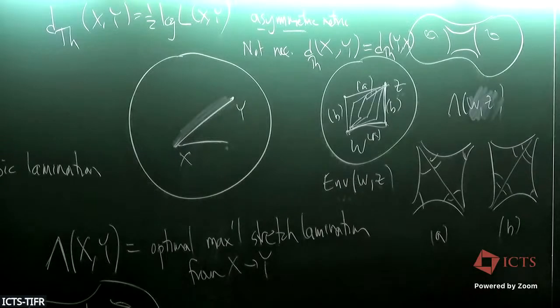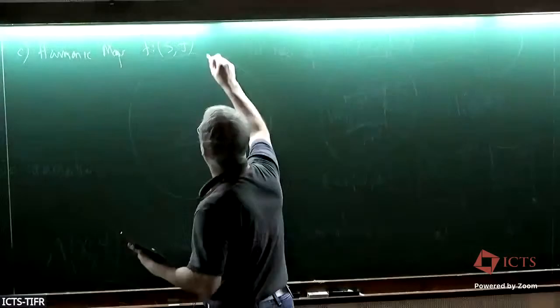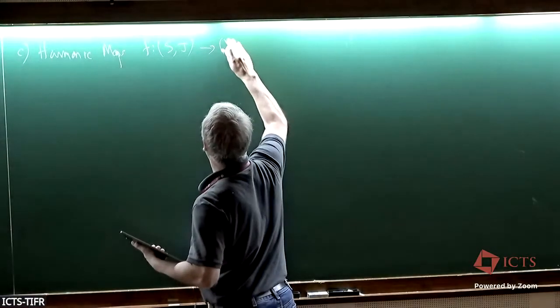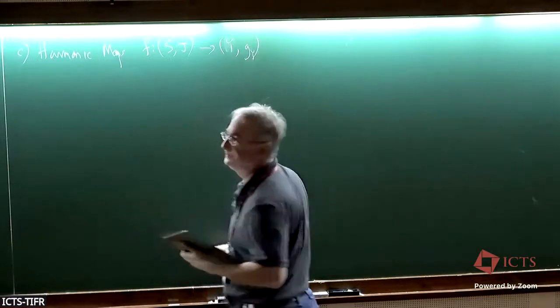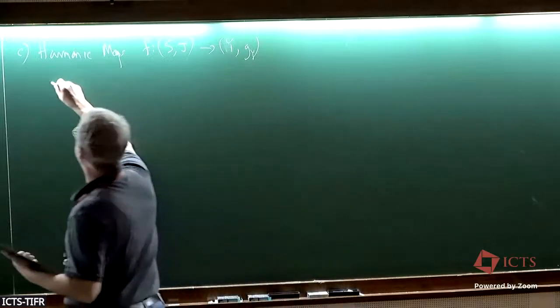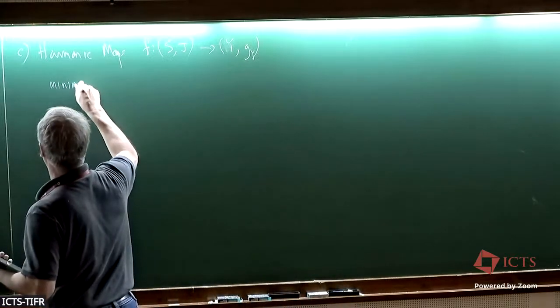Harmonic maps. Harmonic maps are strange in this setting. So here I'm going to be looking at maps from the surface with a complex structure to a target with a hyperbolic structure. Okay. And so the quantity that we are focused on is the energy.